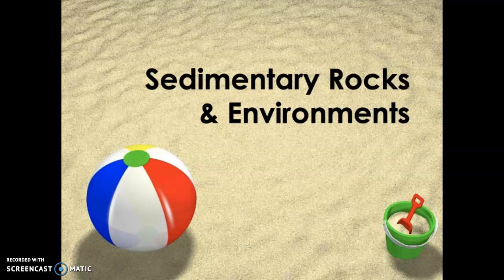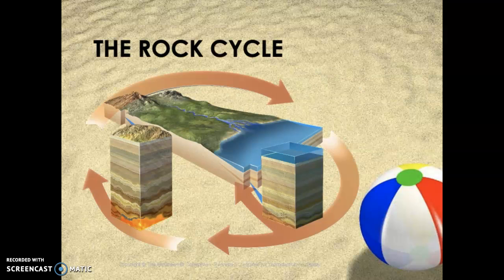So what we're going to do with this PowerPoint is start out with a brief introduction to sedimentary rocks and environments in general, and then we'll start talking specifically about the environments associated with rivers. So we're kind of mixing things up in terms of the textbook, but the idea is that if we follow the rock cycle, the part of it that is most visible to us is the part at the surface.